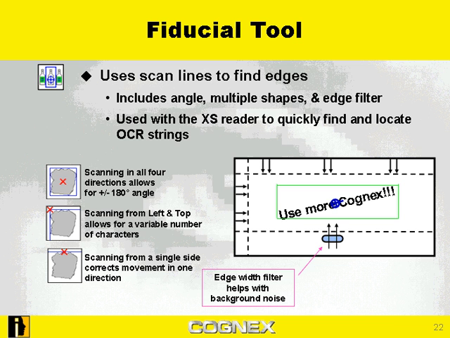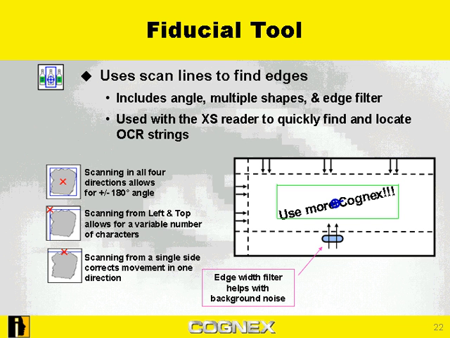There's another enhancement to the Fiducial tool in Intellect that makes it much more usable than it was in Framework, and that is the edge filter. Many times if you had a noisy image, the Fiducial tool would pick up the noise before it even got close to finding the part, and would report a position, and there wasn't really a part anywhere near.